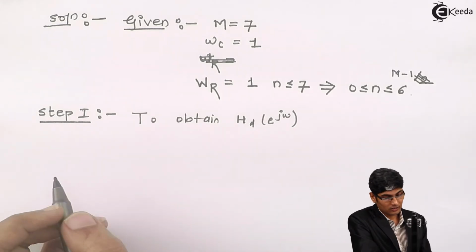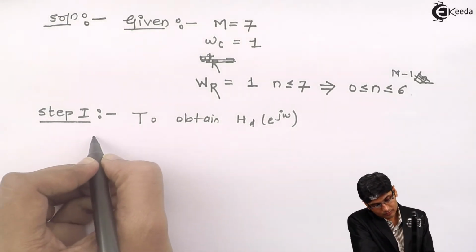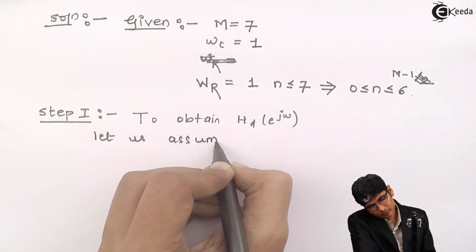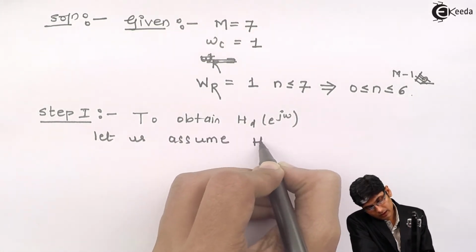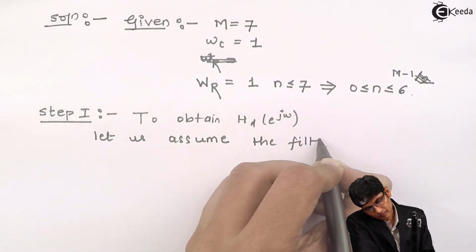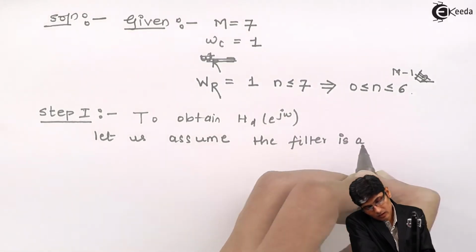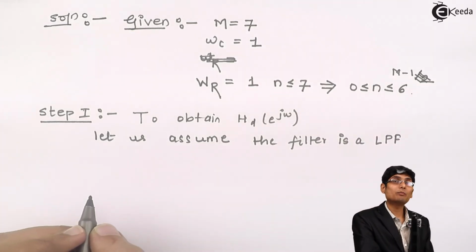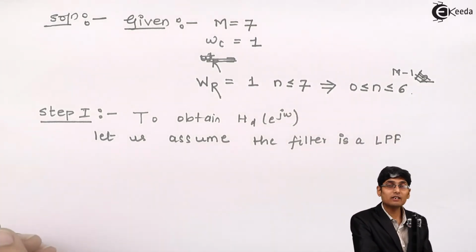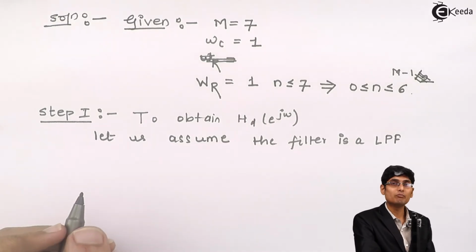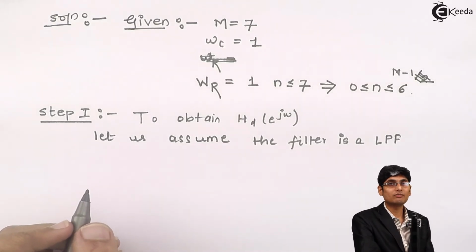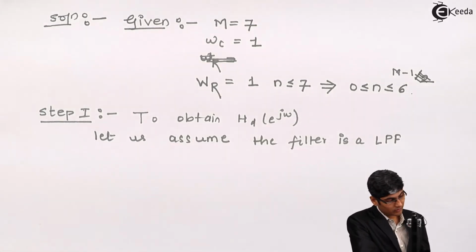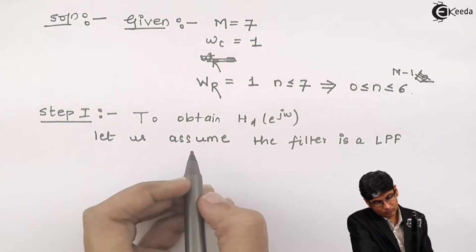So let us assume the filter is a low pass filter, because in the question itself it is not mentioned anywhere which type of filter they want us to design. Now let us draw the characteristics of a low pass filter.